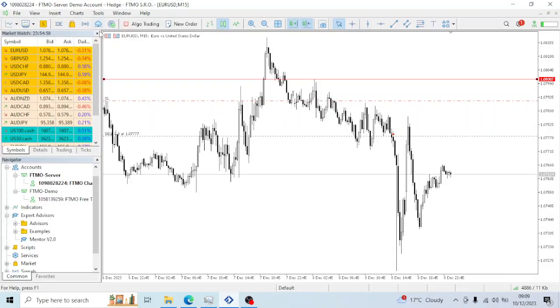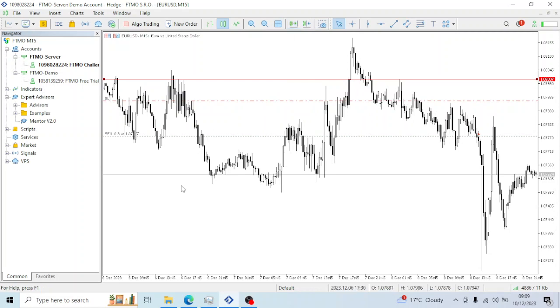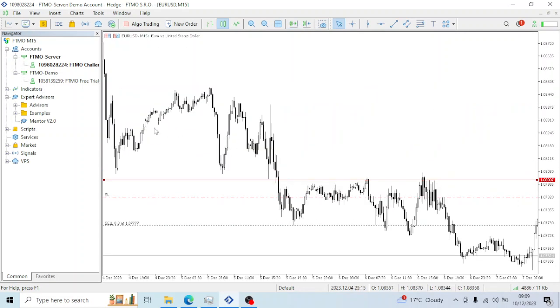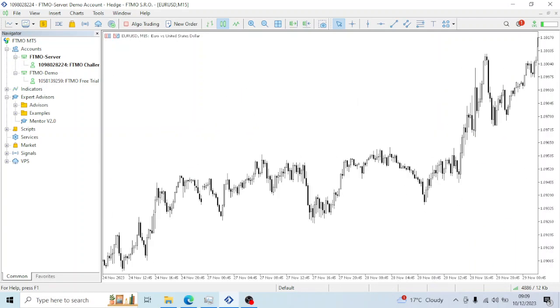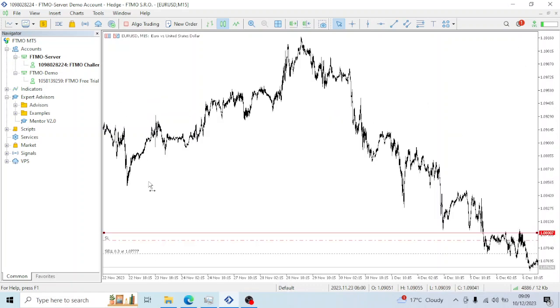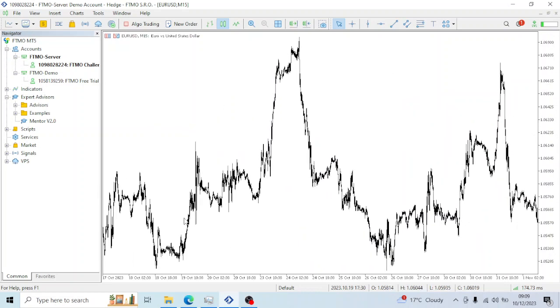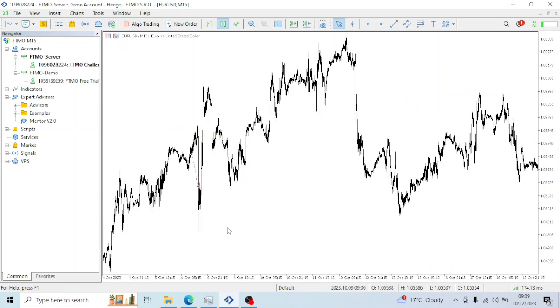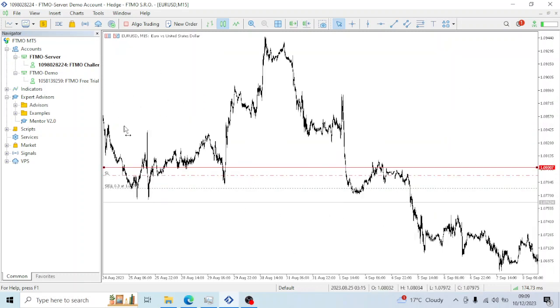What about MetaTrader? Does MetaTrader reach 10 July? What is this? December, November, 28. November, October. Is it gonna reach September, August?